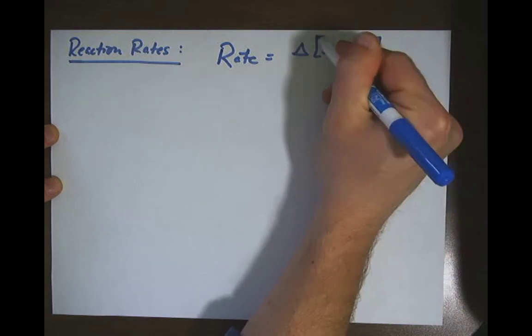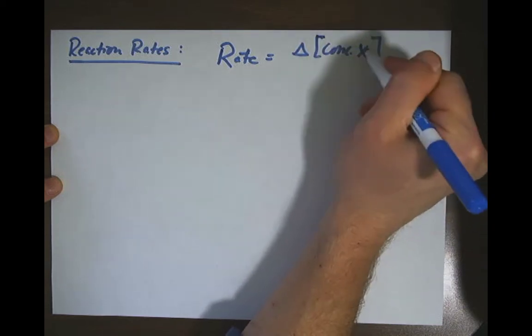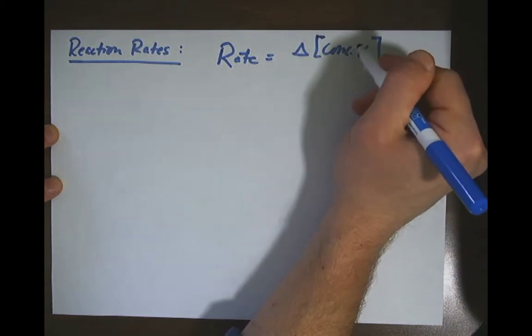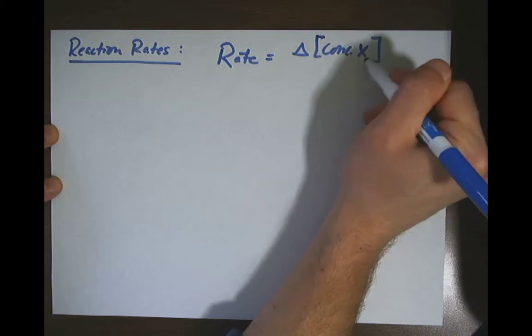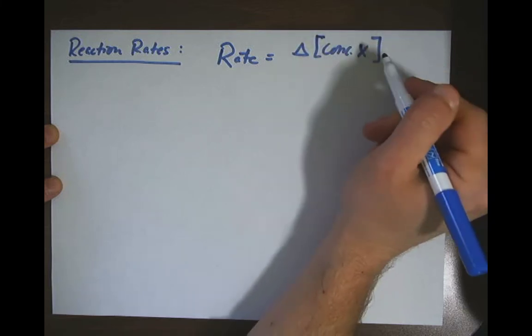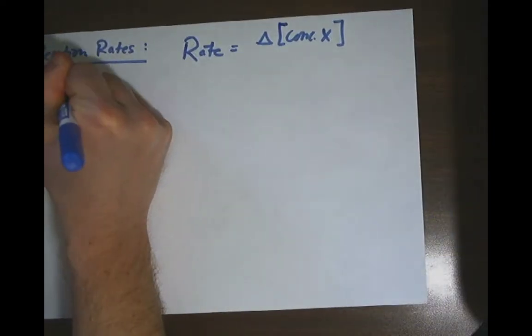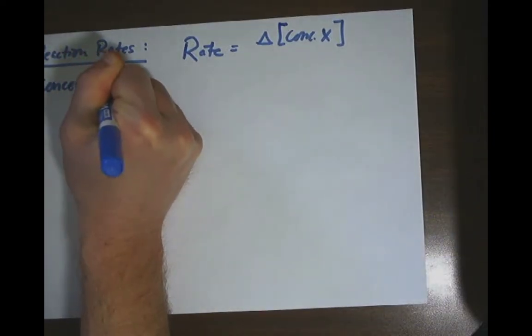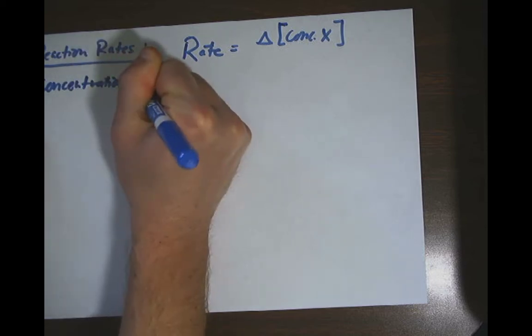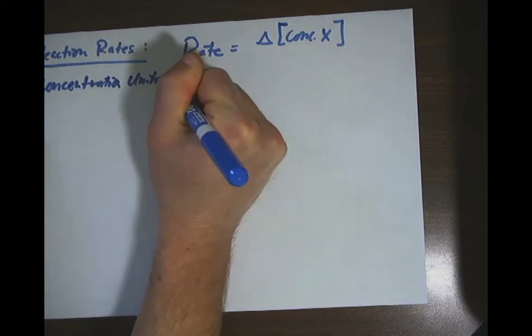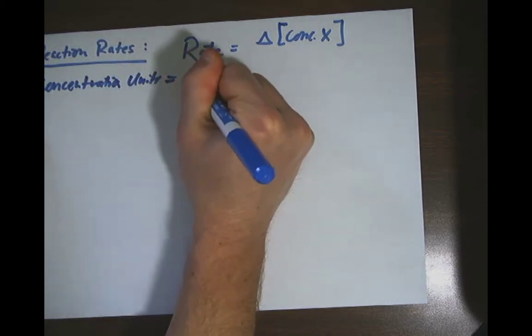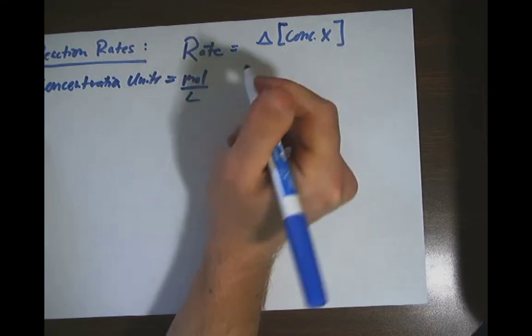And in chemistry, when you see these brackets around either a letter or a compound, those brackets always are referring to concentration. We'll usually use concentration units of moles per liter.